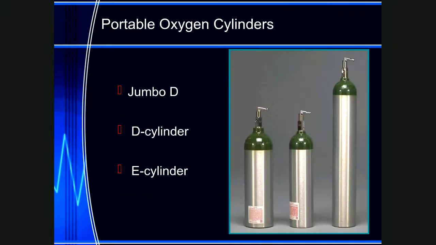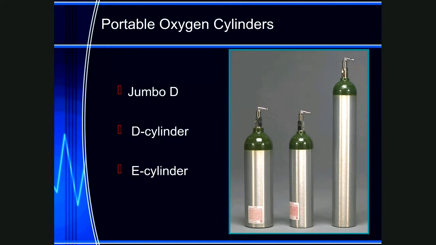Look at some of our oxygen cylinders. A portable oxygen cylinder is a seamless steel or aluminum cylinder filled with oxygen under 2,000 psi, pounds per square inch of pressure.